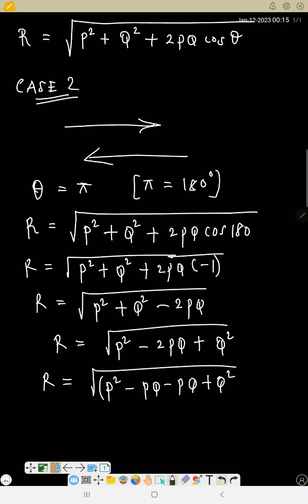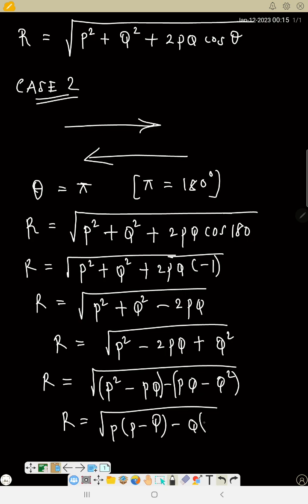So bracket it two two. If we bracket it two two, then this middle sign will change to minus. So now r is equal to, what is common here, p minus q, then minus q, p minus q.